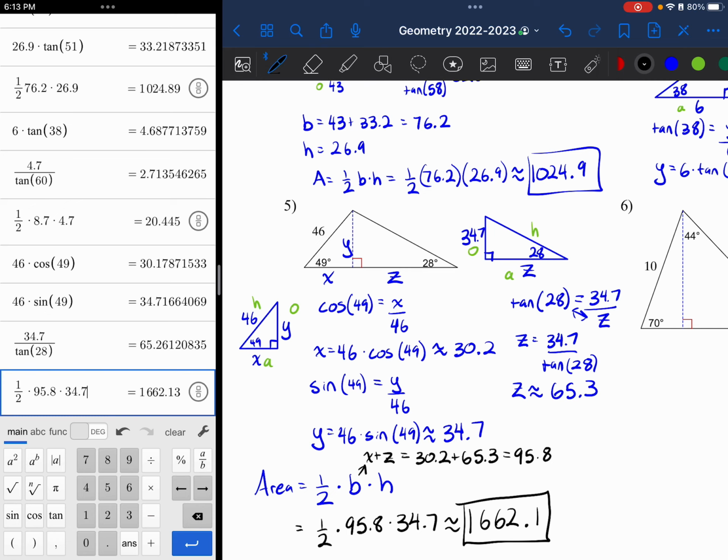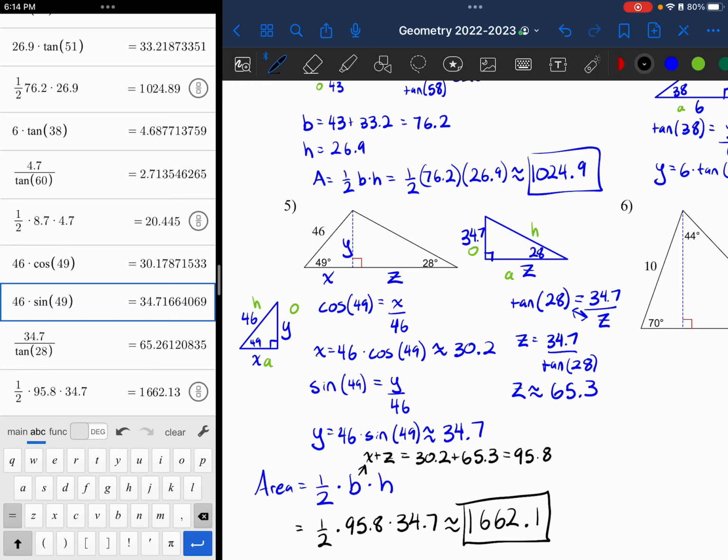There's a way to do this with exact values. Let me show you a cool little trick. We can make this as perfect as possible. Check it out. I'll store each of these values as a letter: y is equal to that, x was equal to that, and z was equal to that.